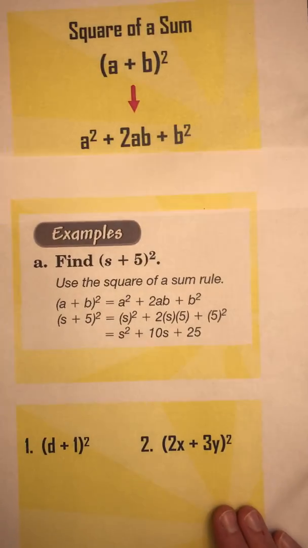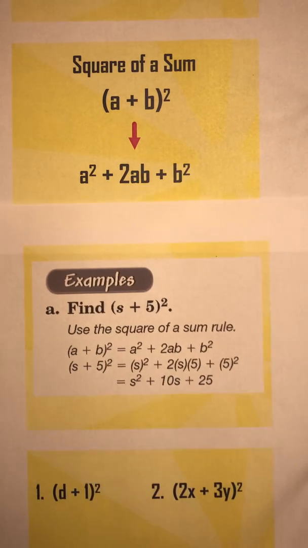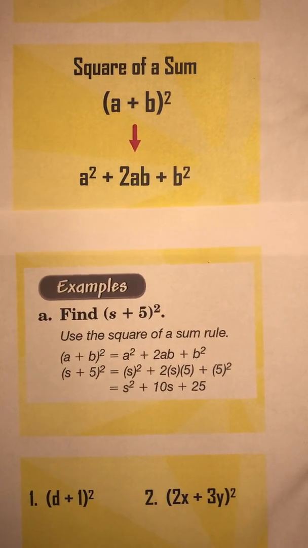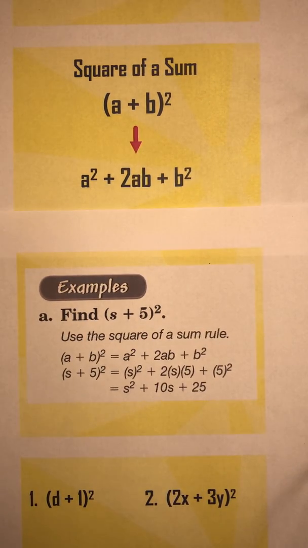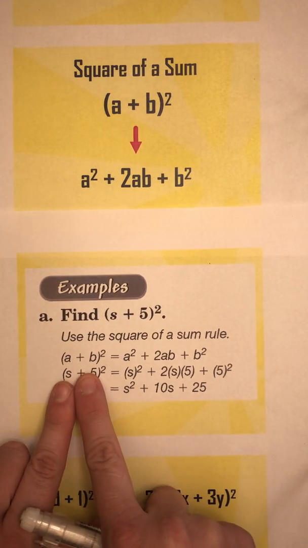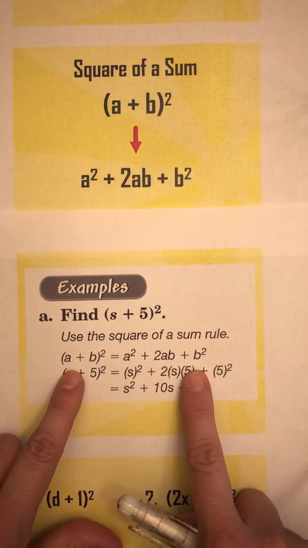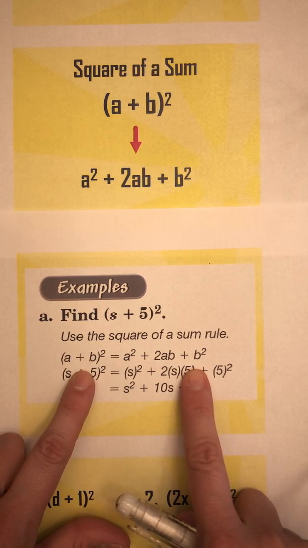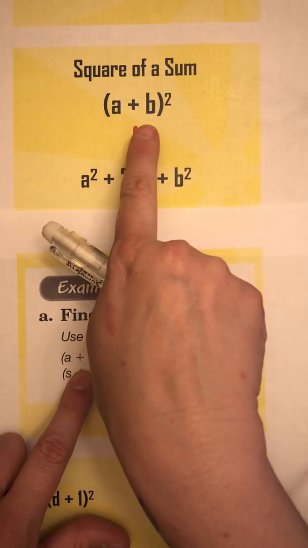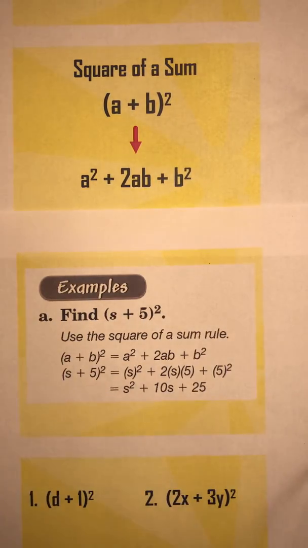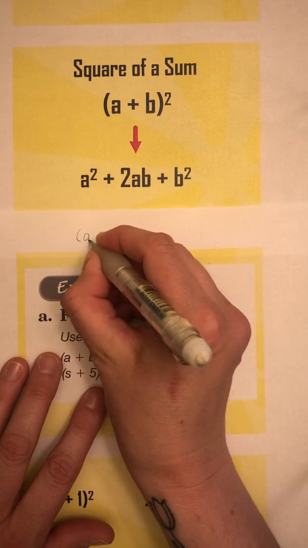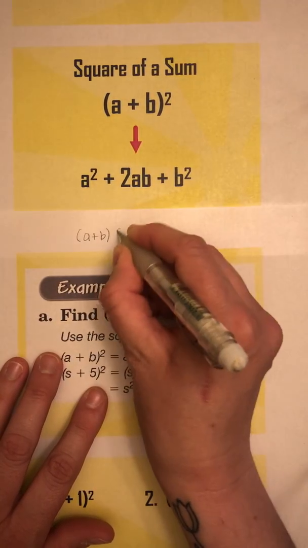So if you take a look at what you have on your paper, this takes us through an entire example where we're going to use the pattern. Notice that the first thing that was done was the pattern was written out. And you have to just memorize that. Now really, what can you do? (a plus b) squared means (a plus b) times another (a plus b).